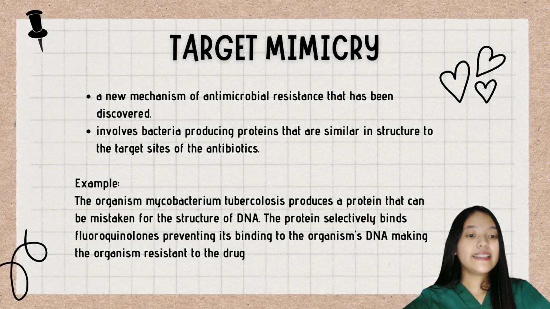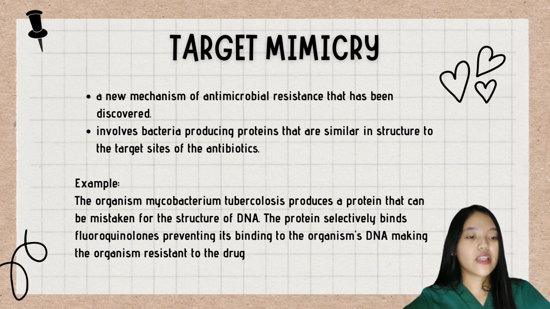For the next slide, let's talk about target mimicry. Target mimicry is a new mechanism of antimicrobial resistance that has been discovered. It involves bacteria producing proteins that are similar in structure to the target sites of the antibiotics.